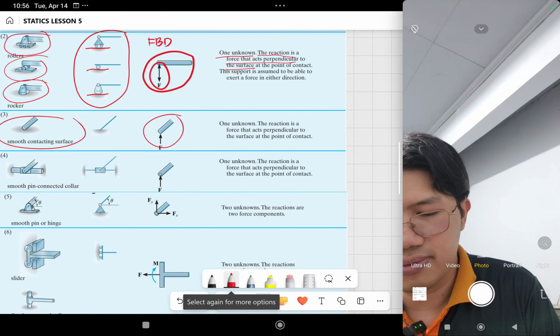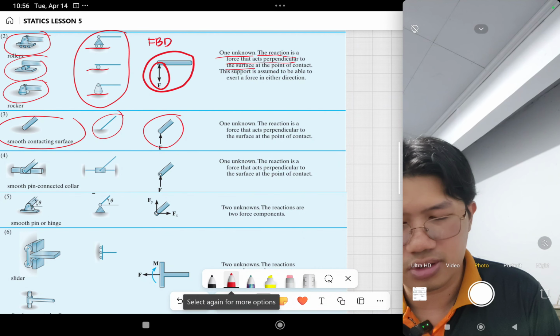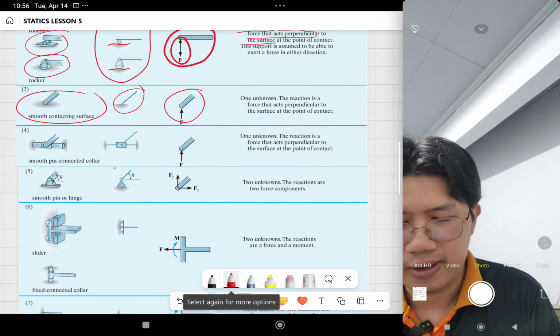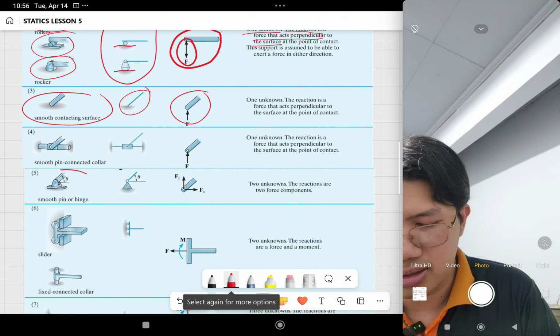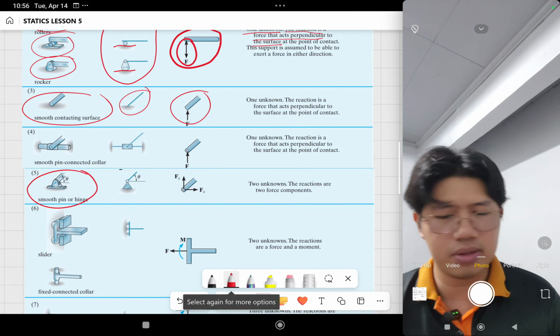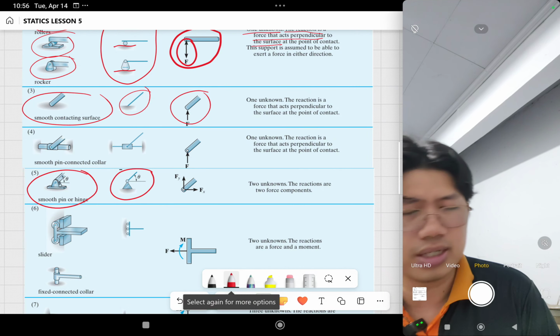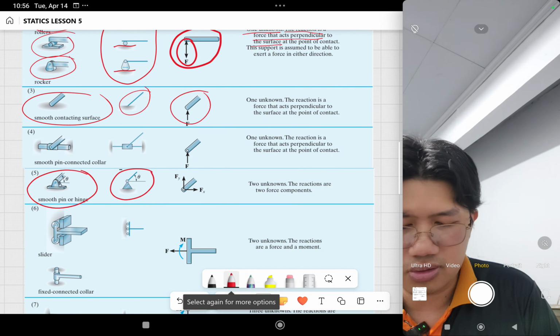So we have this representation of a drawing, no, for a smooth surface. Okay, and then next let's talk about a pin or a hinge. So lumabas na to sa ating mga problems before. And it is usually represented by this drawing. Okay? Ito yung ating representation.